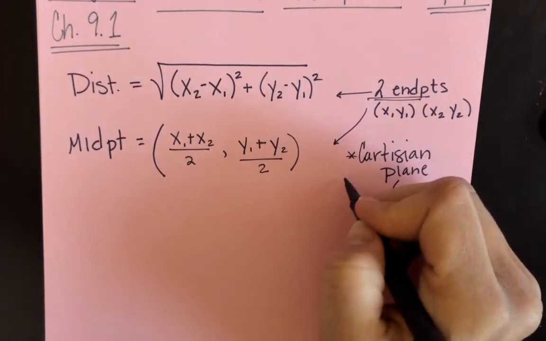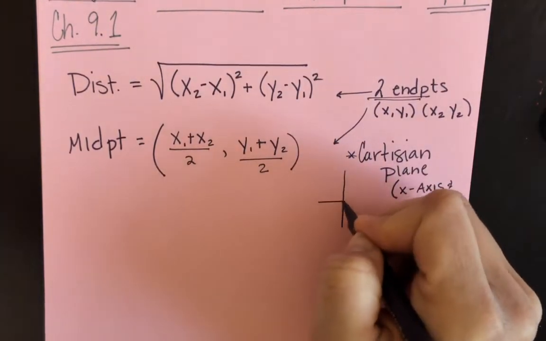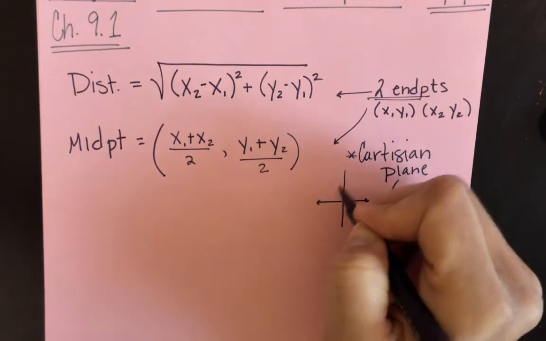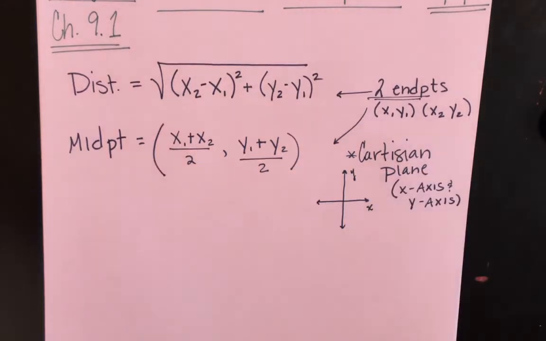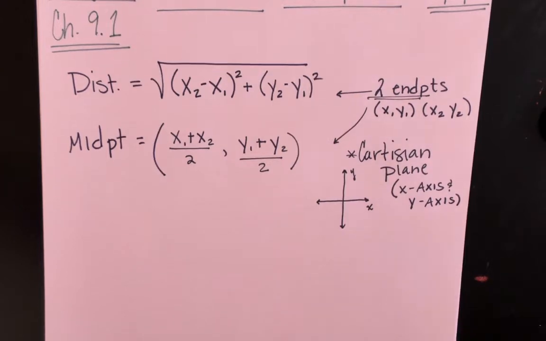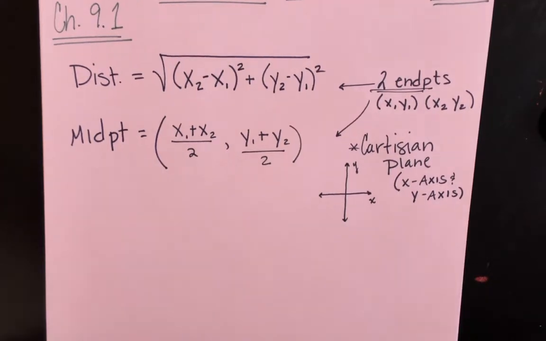But we do have that instance in algebra and in geometry where we have three dimensions. And so that's when that third ordered pair would come in.